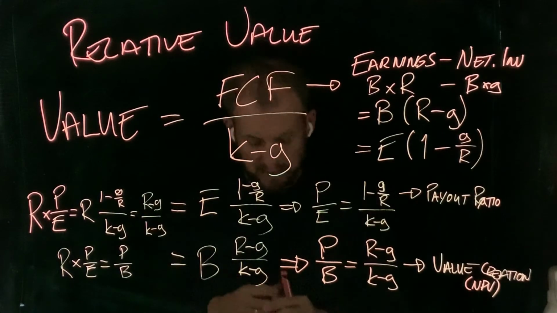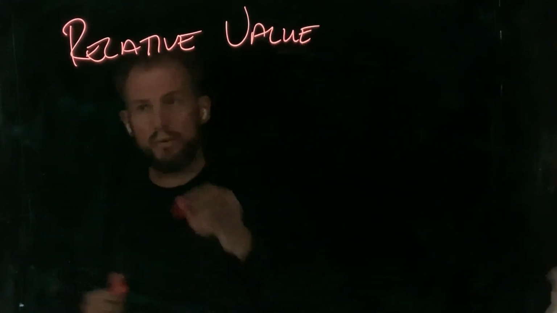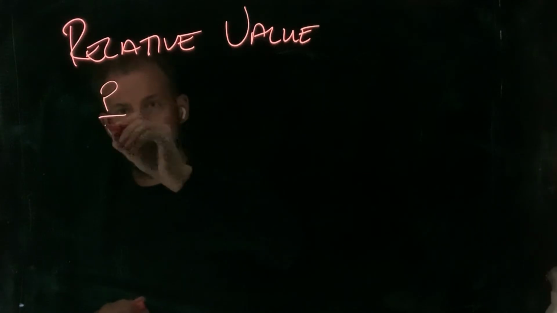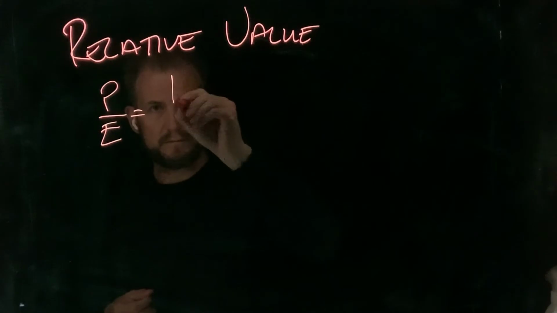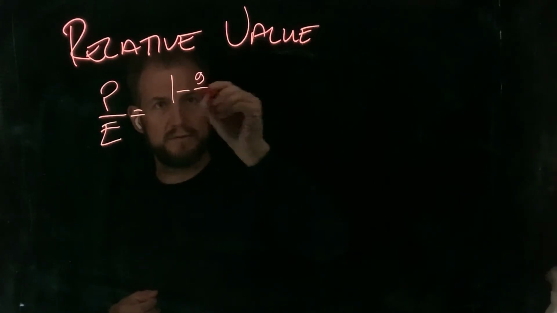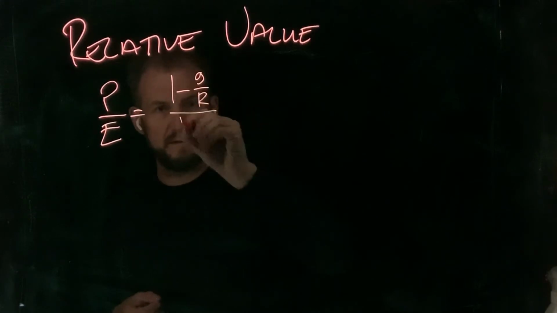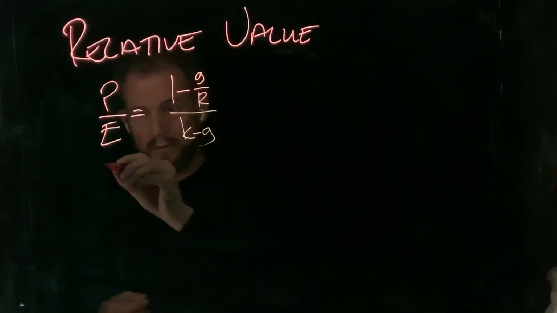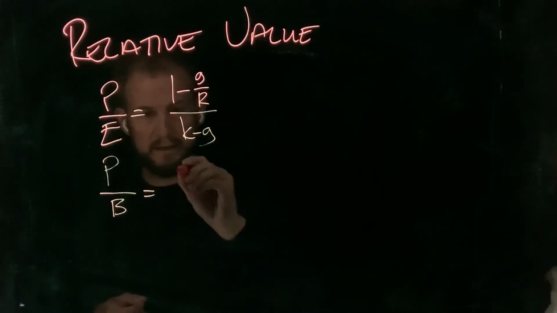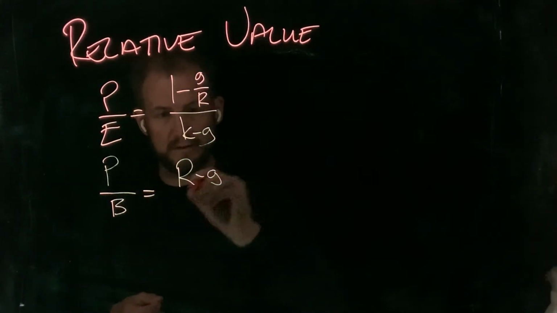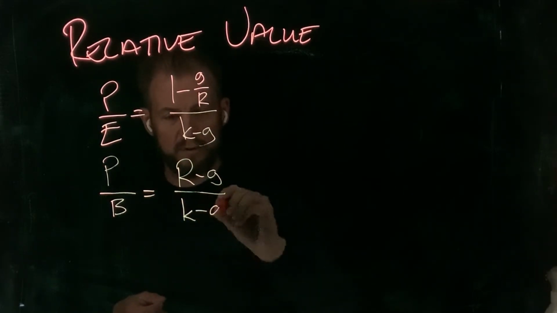So the difference between them is essentially that. So what do we have now? We have price earnings being equal to the payout ratio. So basically how much we earn minus what we reinvest. We have price book being equal to the return minus the growth over the cost of capital minus the growth.